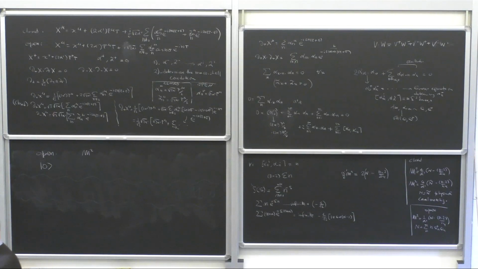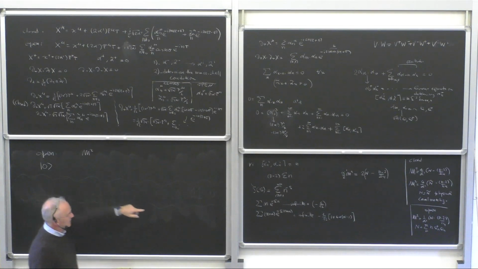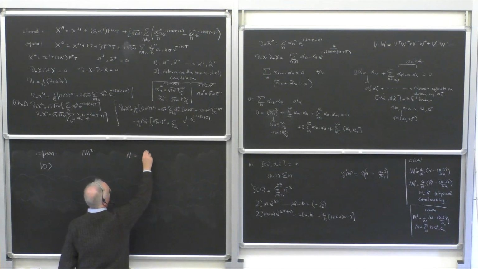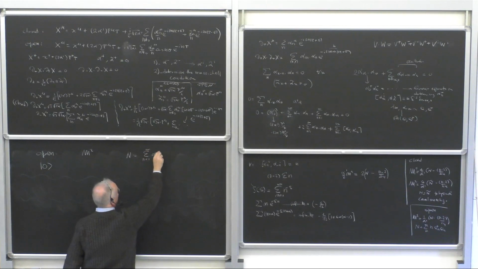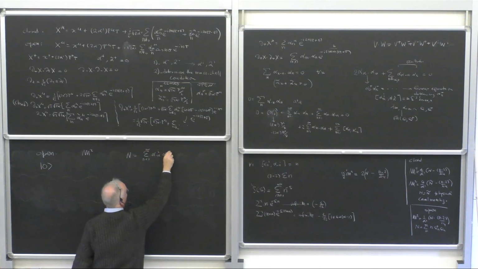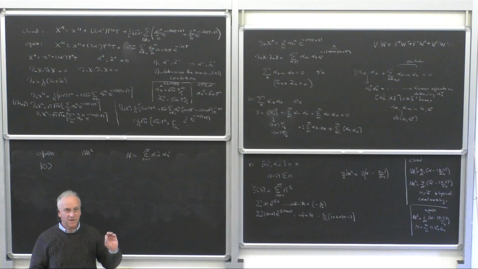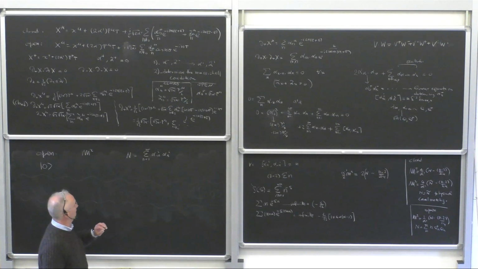So applying an alpha dagger raises the mass squared by 1 unit if it's alpha 1, if it's alpha 2, by 2 units, and so on and so forth. So in other words, if I apply this N, let me rewrite it here. N means the sum on n from 1 to infinity, alpha minus n I, alpha n I. So only the transverse oscillators count to raise the mass squared.